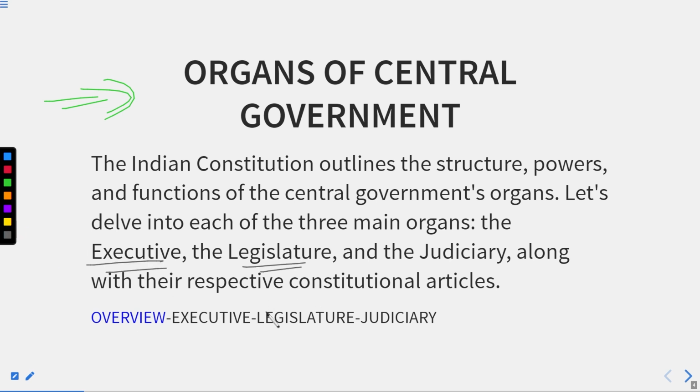Second is the legislature. Third is the judiciary, along with their respective constitutional articles. Like who falls under the category of executive, and the respective articles which have been mentioned in the constitution. That's what we are going to cover in this lecture. So let's start.